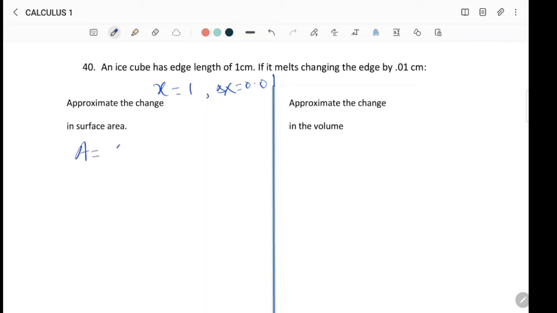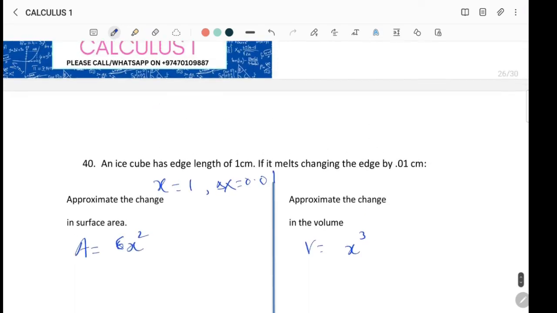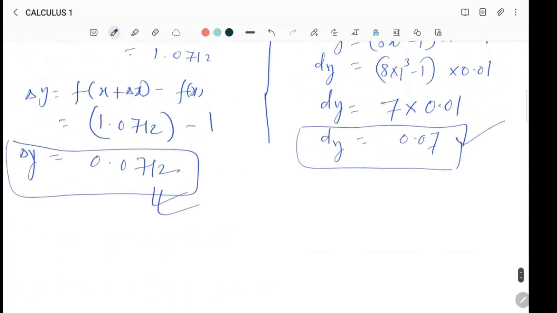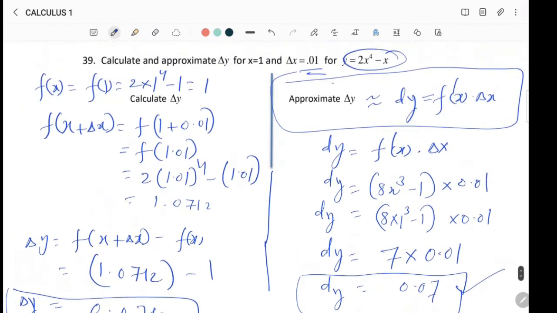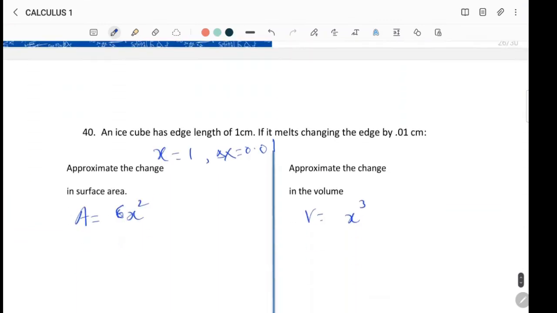Area has formula 6x square and volume has formula x cube, right? And we know that approximate change is f dash x delta x.